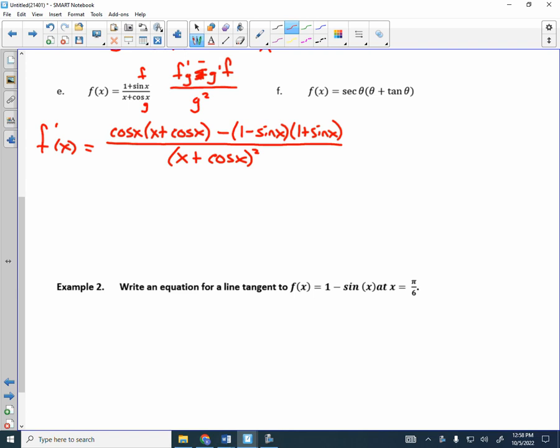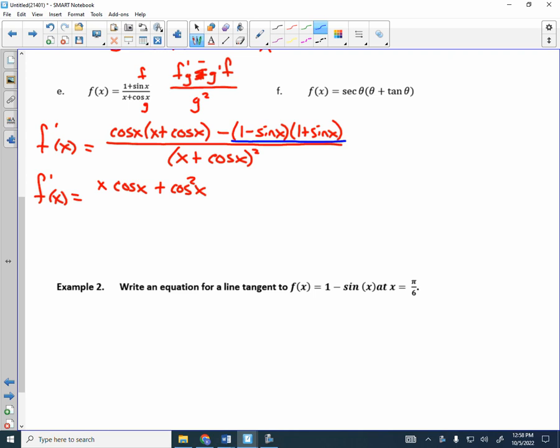So I'm going to see if this will simplify by distributing. I have the derivative of f is equal to x cosine of x plus what? Cosine squared. Let's focus on what I have underlined in blue.